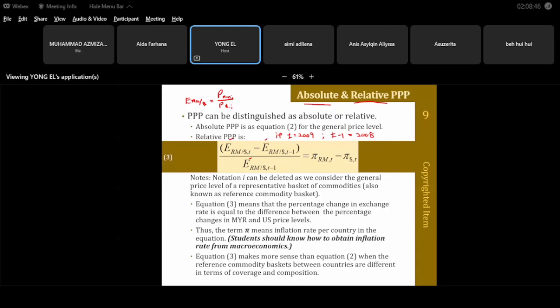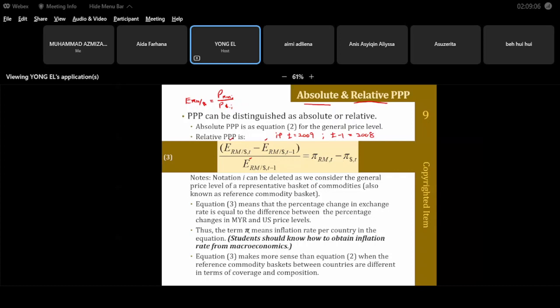Therefore, this equation means the exchange rate in 2009 minus the exchange rate in 2008, divided by the exchange rate in 2008, equals the difference in inflation rate between the two countries.